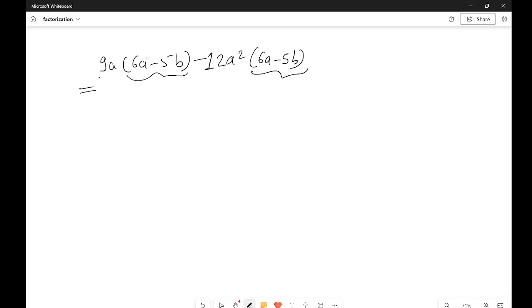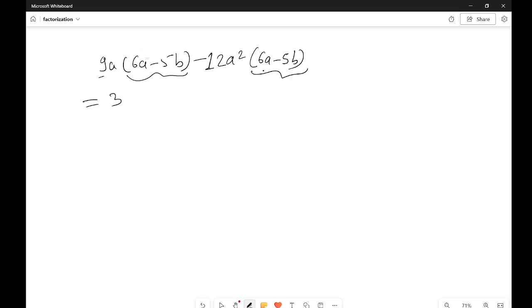So from 9 and 12, what can we take common? We can take common 3, right? So we will take 3, and then what about the expressions?